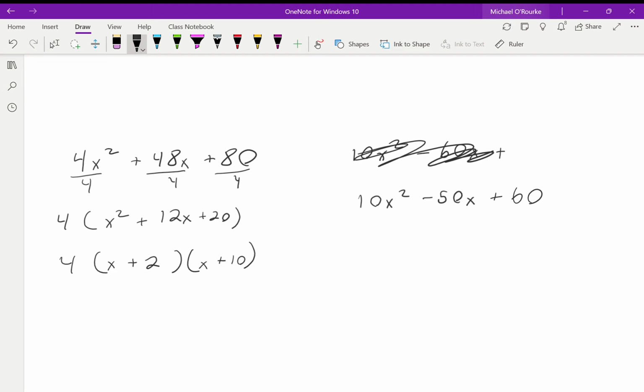I like that one better. So pause it, work it out, and then come back to me.